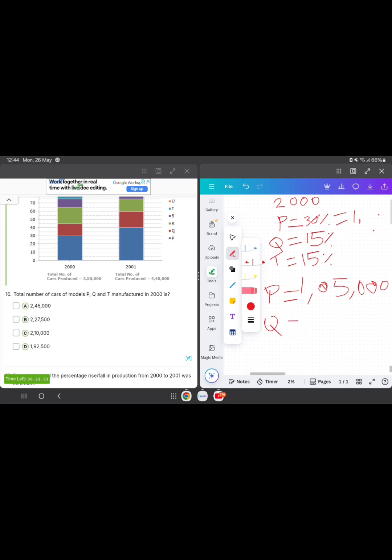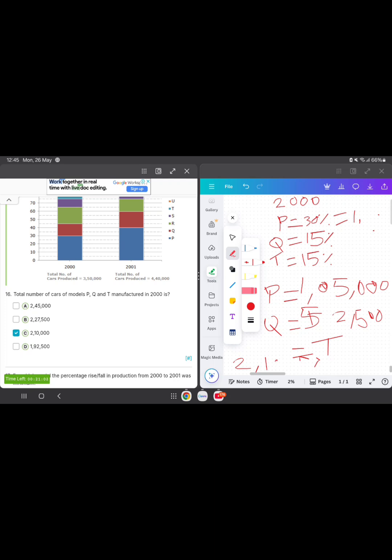And then for Q it will be 0.15 times 350,000. That's for both Q and T, which gives 52,500, which is the same thing for T. And then adding all of them gives us 210,000, which is option C.